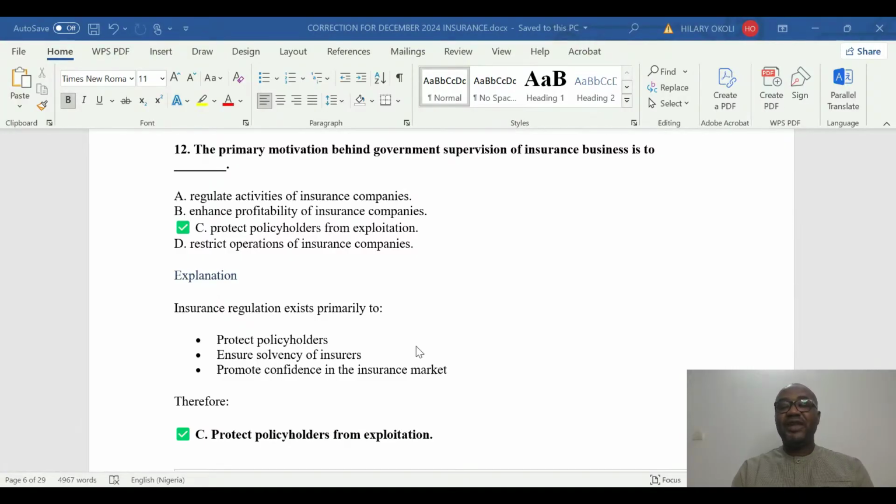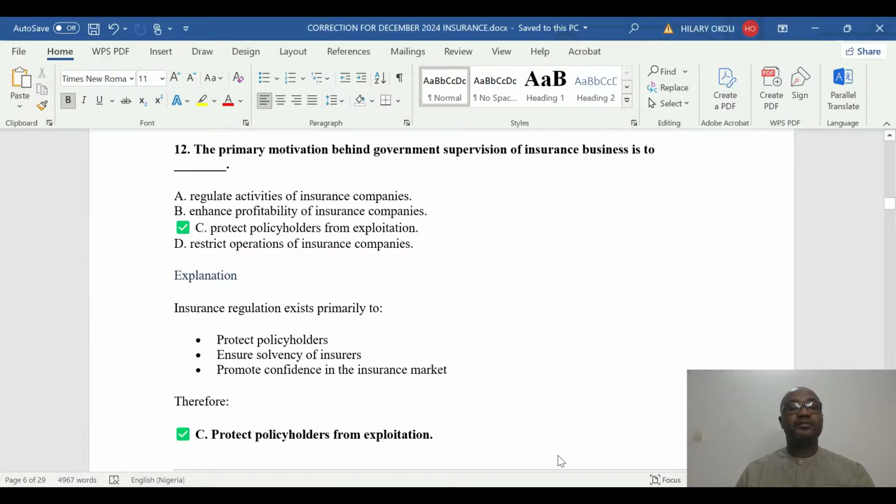When policyholders feel they are protected, and it is true, there will be a gain in numbers. People will come in and get involved, and the insurance business, in other words, is also sustained. So government is doing a lot to provide supervision to see that the business is sustainable, but primarily the supervision is to see that policyholders are protected from being exploited.